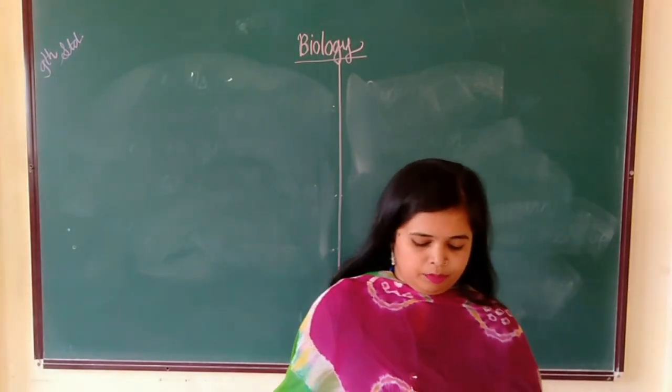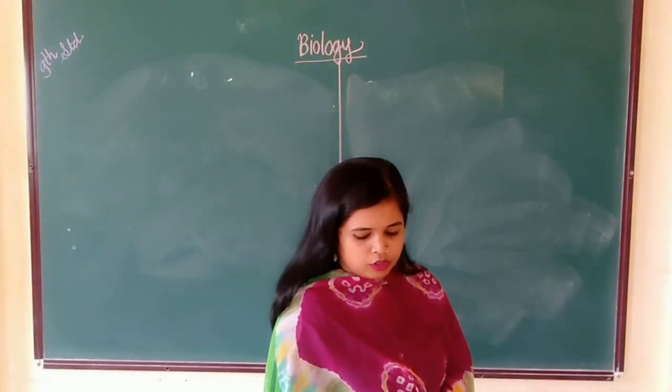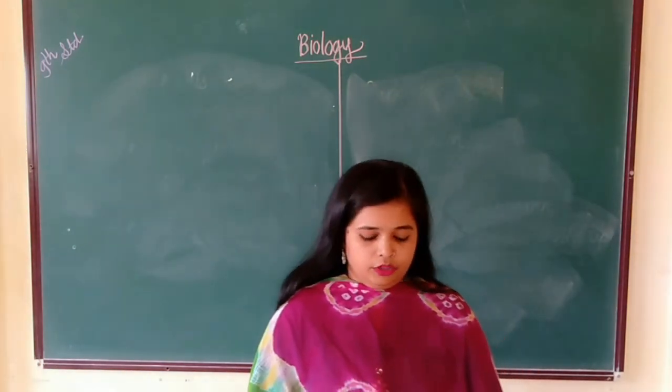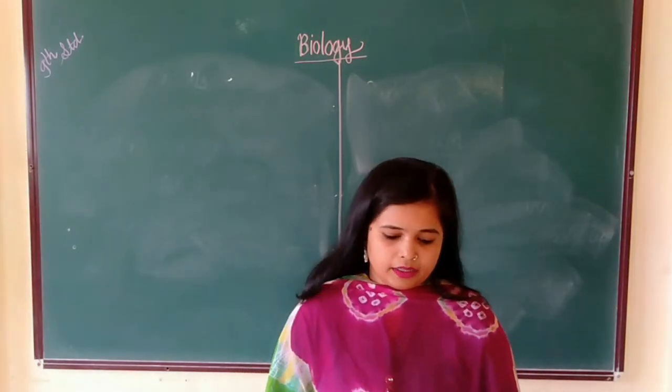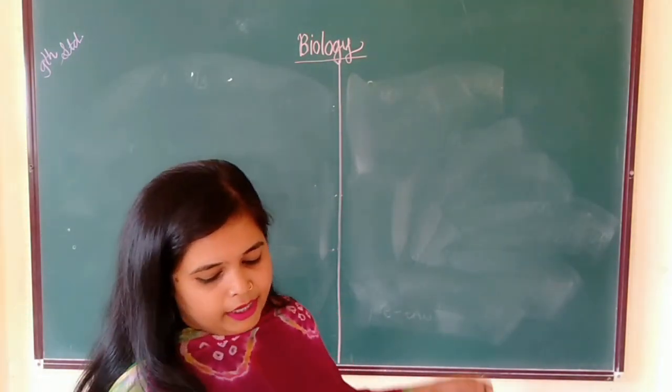The invention of magnifying glasses led to the discovery of the microscopic world. It is now known that a single cell may constitute a whole organism, as in amoeba, chlamydomonas, paramecium, bacteria, etc.